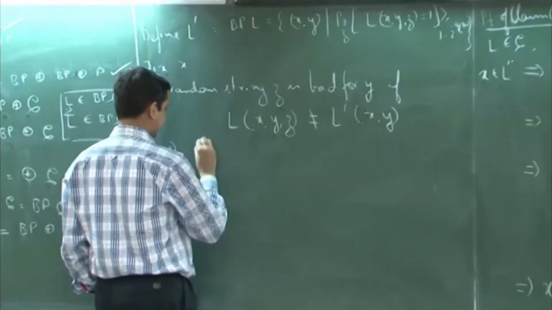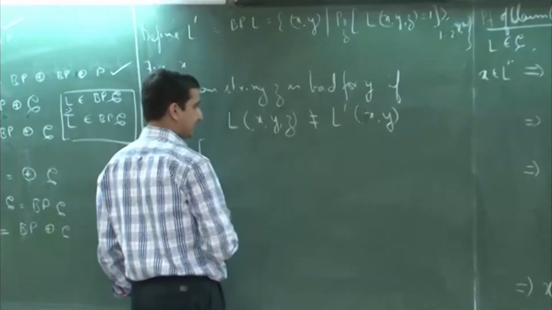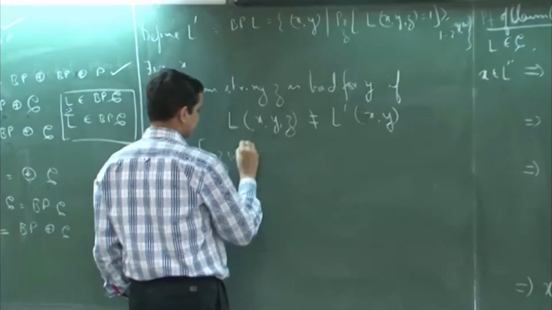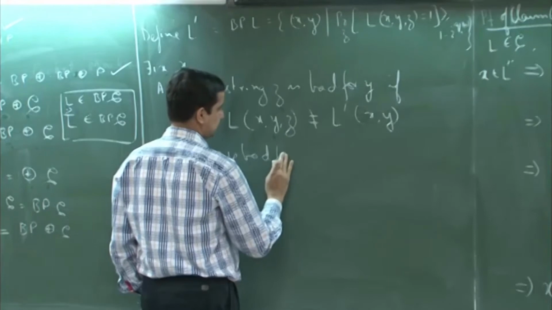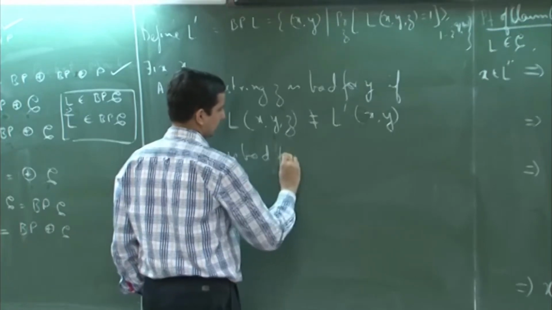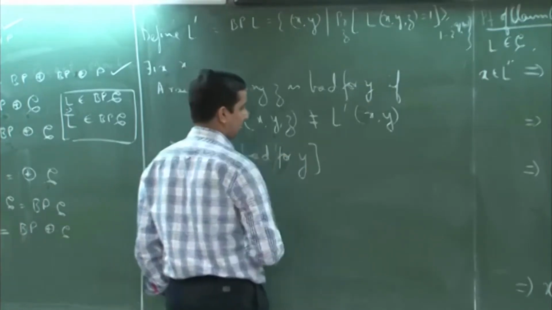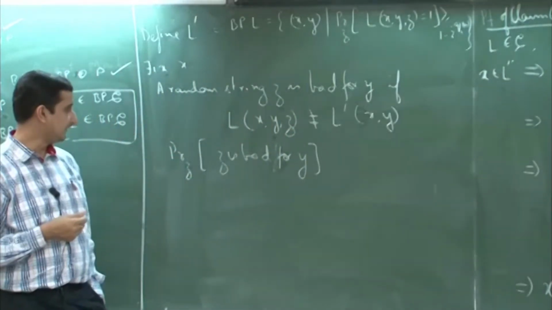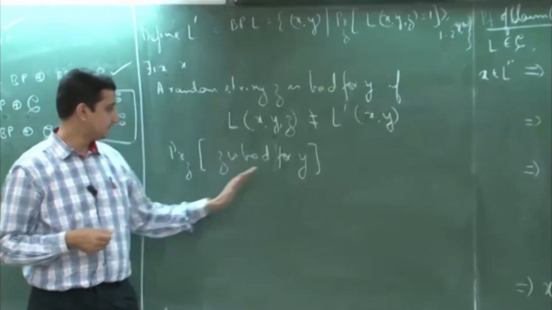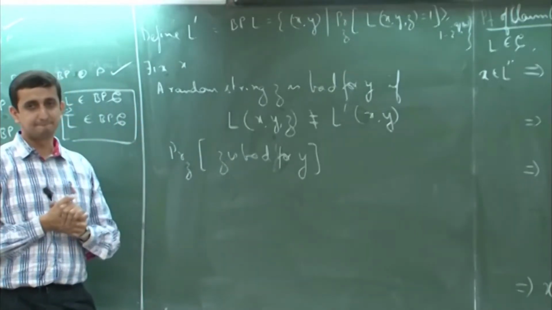So the probability, just what I said right now, that if I fix a y, z is bad for y is how much? What is the probability that for a fixed y, my random string z is bad?